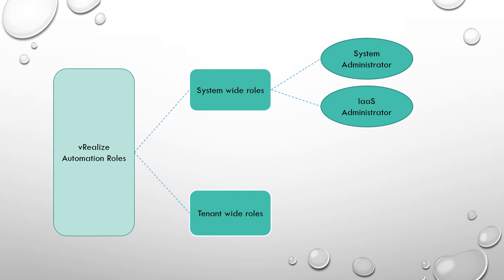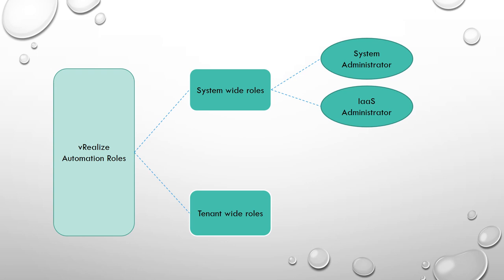So generally all user roles are assigned in the context of a specific tenant, but some roles in the default tenant can make changes to the system-wide configuration, which will apply to multiple tenants. The system-wide roles are typically assigned to an IT system administrator.